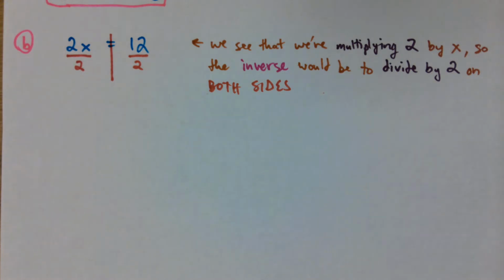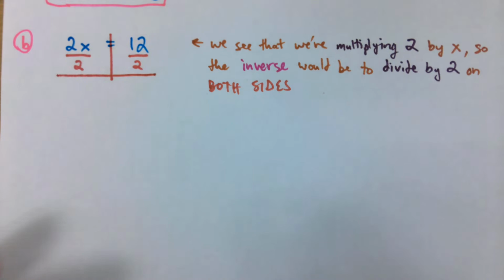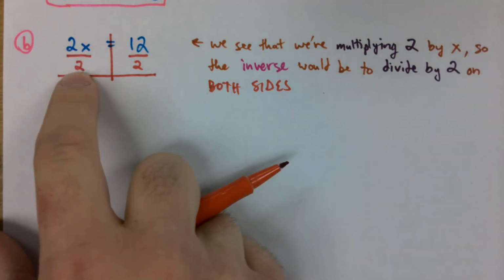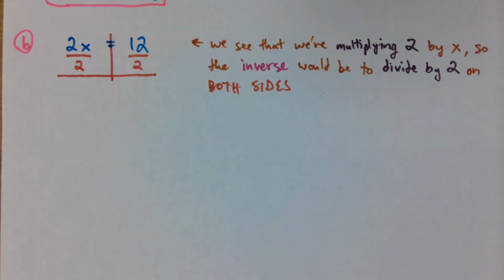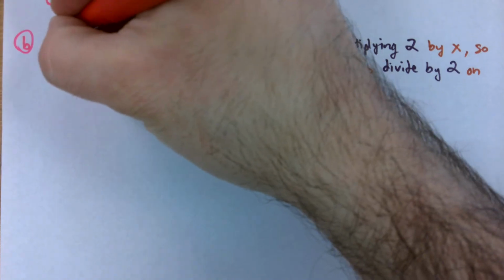All right. Now let's go ahead and simplify. We're going to draw a line underneath to signify, hey, this is my result after my inverse operations. Whatever's under this line right here. What happens to these 2's? 2 over 2. 1. That's right. 2 over 2 just simplifies to 1.